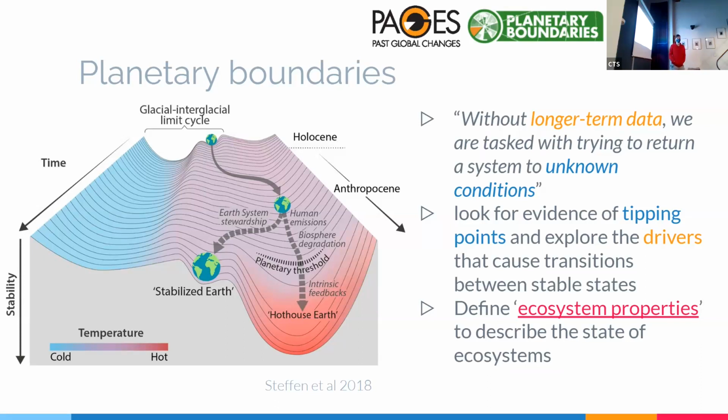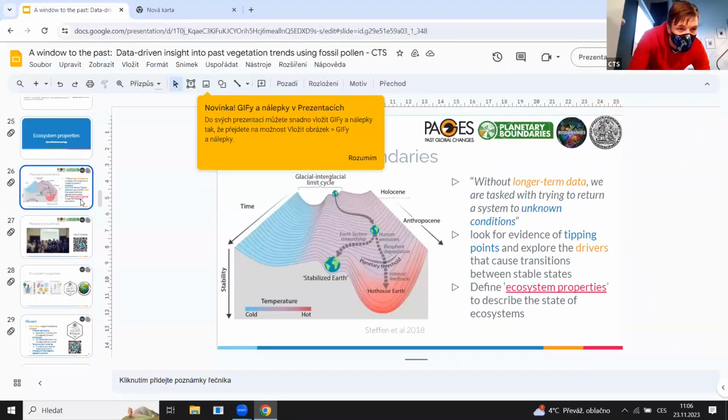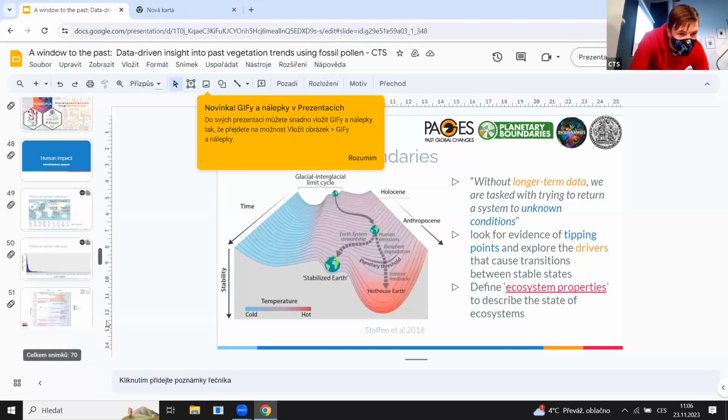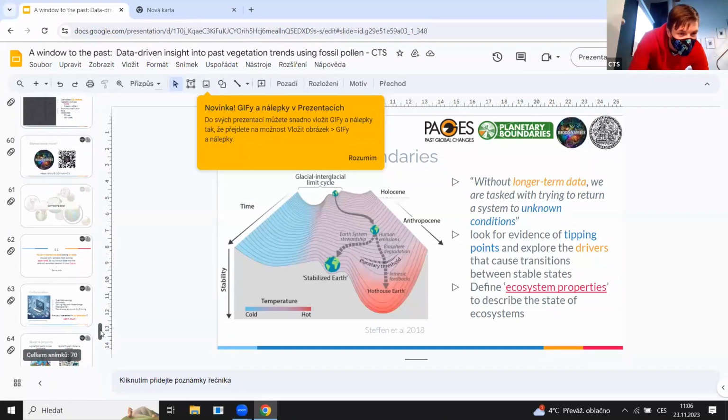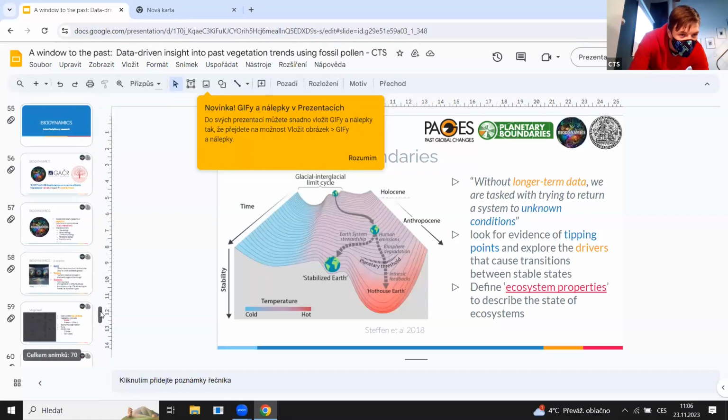And I think it's quite important because from your talk, it seems like you are fixed on temperature variables and so on. It's obviously not the case. So maybe, what would be for you the most important driver of this ecosystem property? How do you conceptualize the drivers in this research?